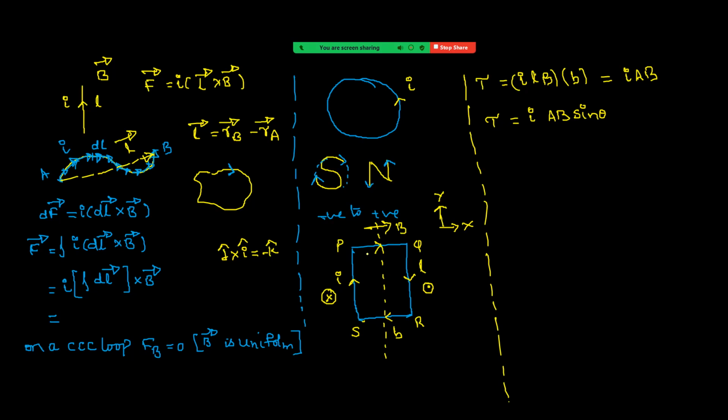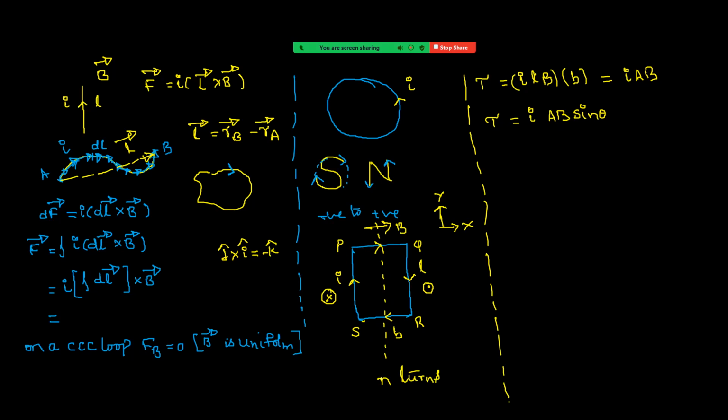Okay. And one more thing, if we have n turns, like one turn, next one more turn, if you have n turns like this, for one turn this is IAB.